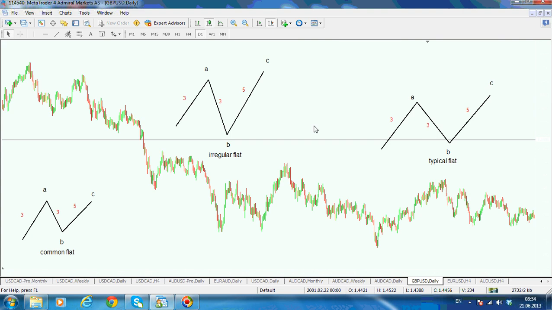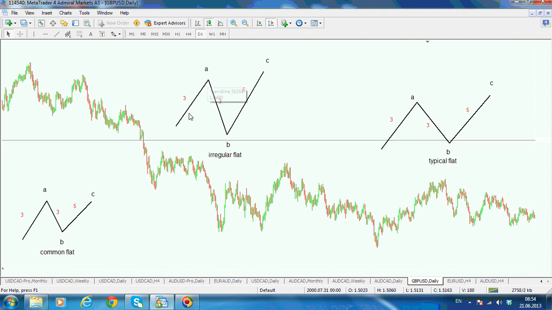In an irregular flat, the B wave usually doesn't go higher than 138.2% of the length of wave A. So keep in mind all the time that if you're looking at a possible corrective move, let's say that price is coming from the upside like this, and you're looking for a possible fourth wave in the form of a flat, and then you have A in the structure of a 3, so you cannot see an impulsive move here, it's only a 3-wave move, then you are definitely looking for a flat.